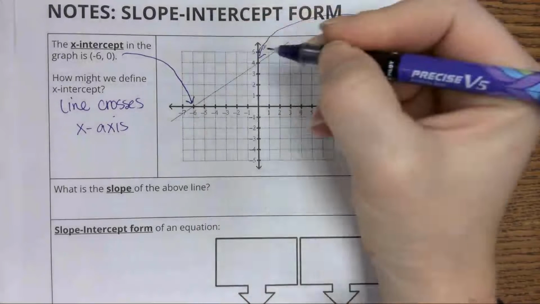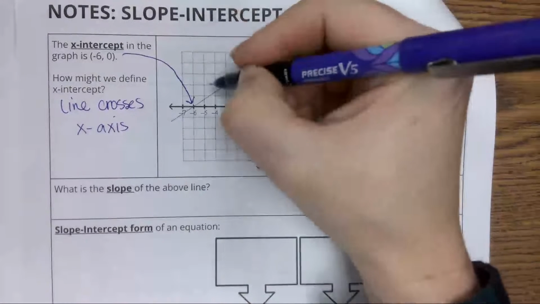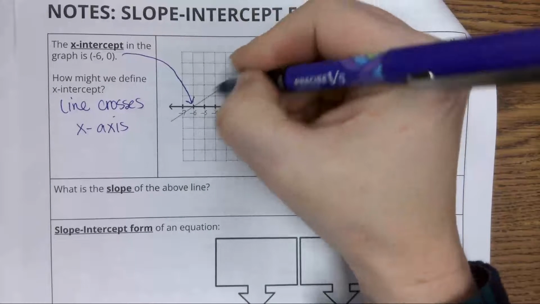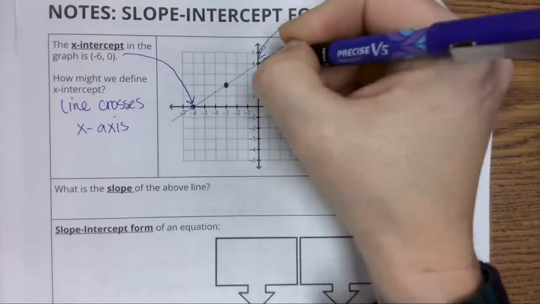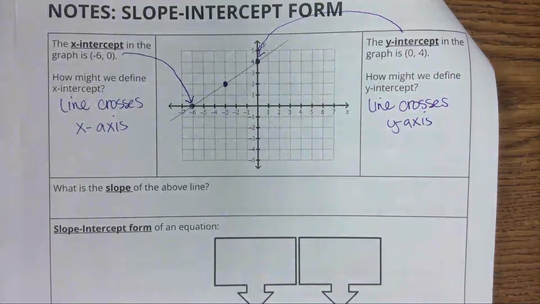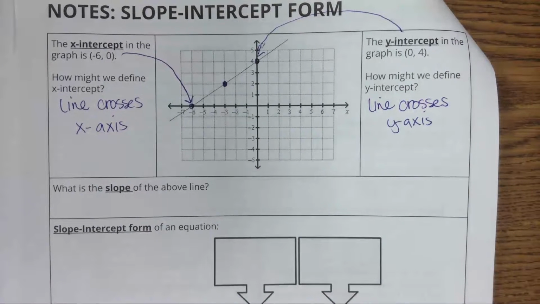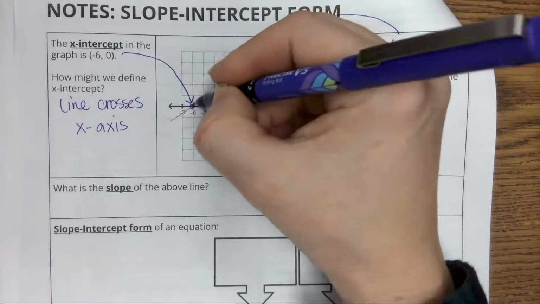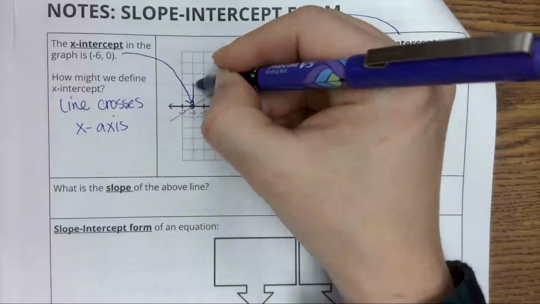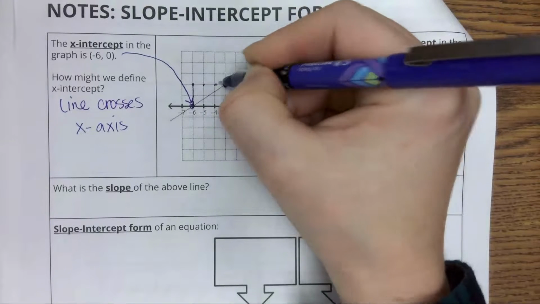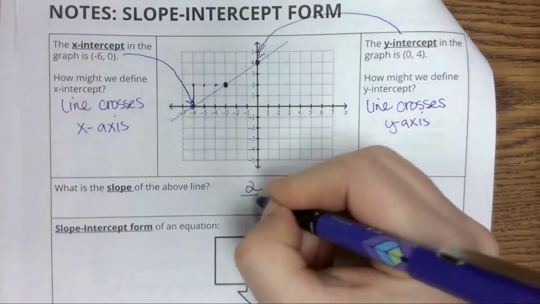Two over 3, you're saying? Yeah, so I can use any of those. If you did 4 over 6, doesn't 4 over 6 reduce to 2 over 3? That's where they're getting that from? Okay, so if I count rise over run, I see it goes up 2 over 3. The slope would be 2/3.